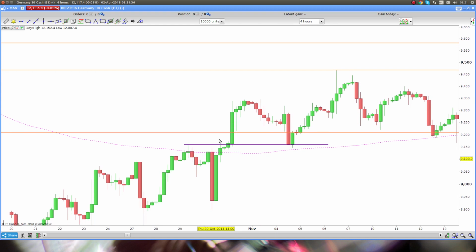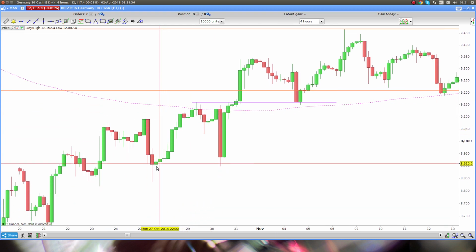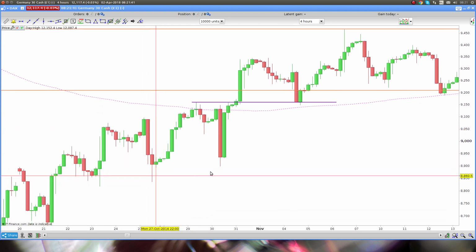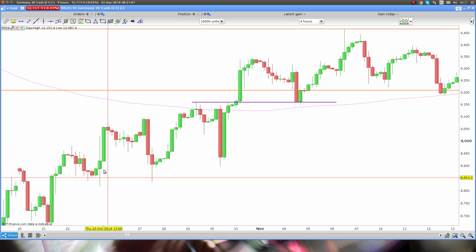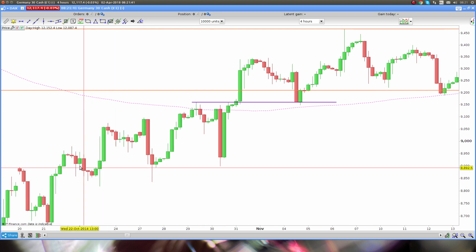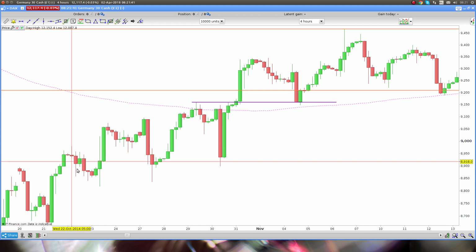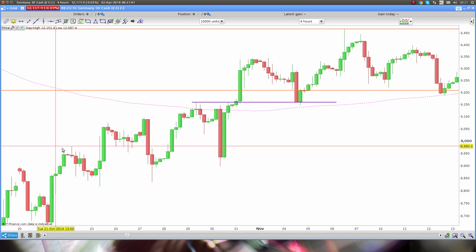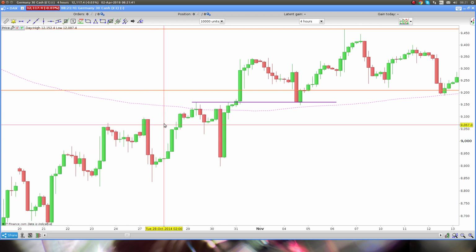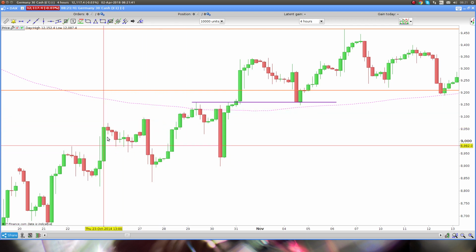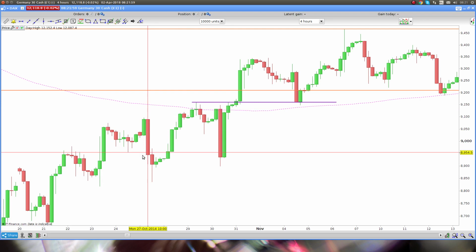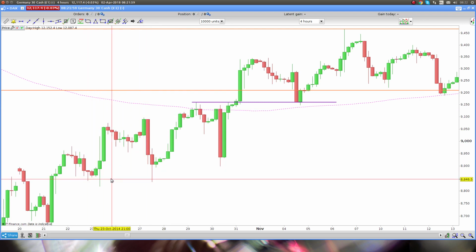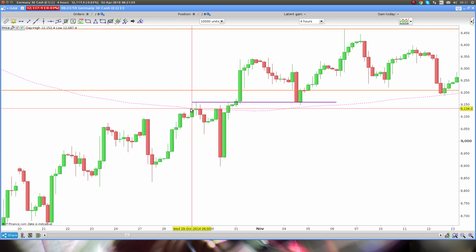I'll say it again: every single tail tells a story. It is a rejection either at the bottom or at the top. As soon as you see that, if you break that level, typically the price will continue in that direction. Occasionally it does come back in, as you can see here, come back to test this low again and then continue breaking it.